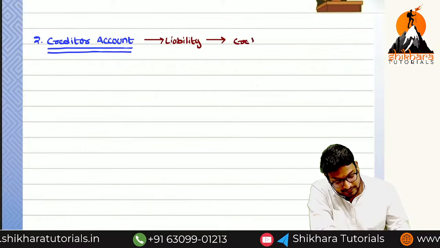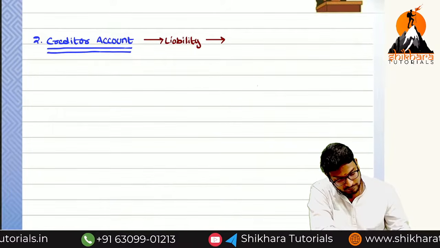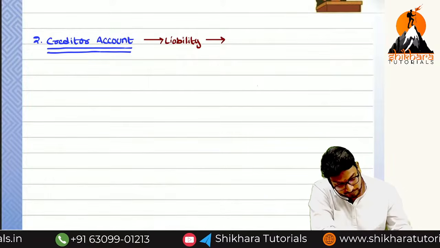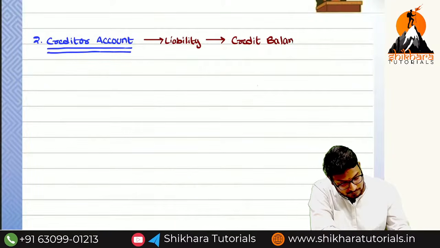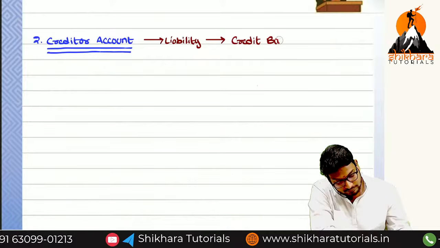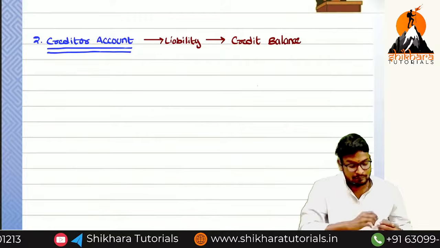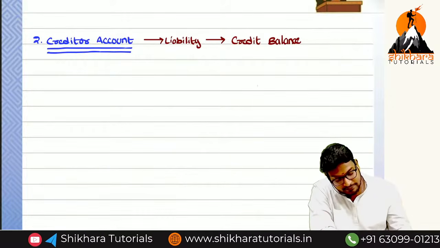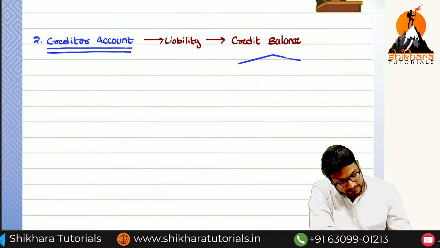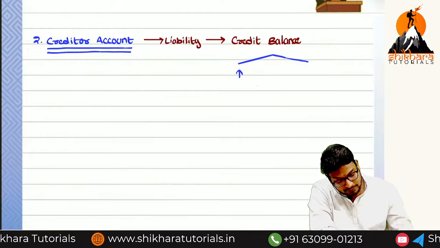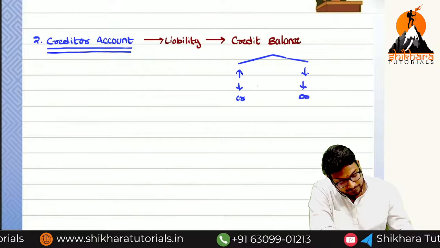Liability is a credit balance. Okay. If the credit balance increases, what do we need to do? Credit. So decreases means we need to do the opposite. So decreases means we need to do the debit. Already we know.